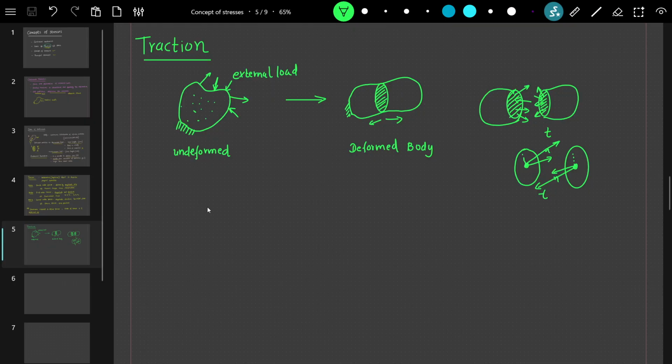So with this, now let's define traction. Traction is defined as the intensity of force, the intensity of internal forces.